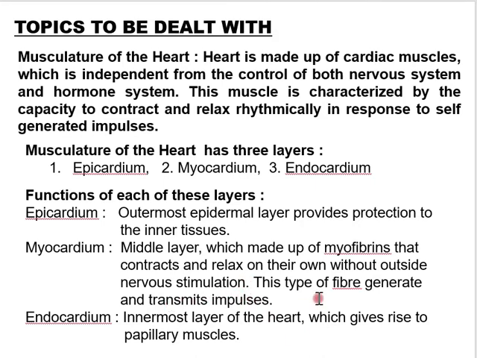This type of fiber generates and transmits impulses, like I told you, the second type of tissue in the cardiac muscles. Then the endocardium is the innermost layer of the heart, which gives rise to the papillary muscles.